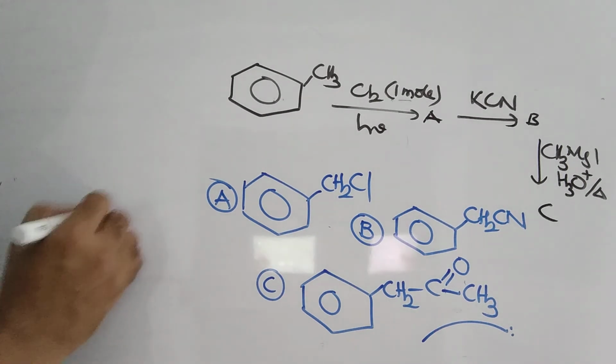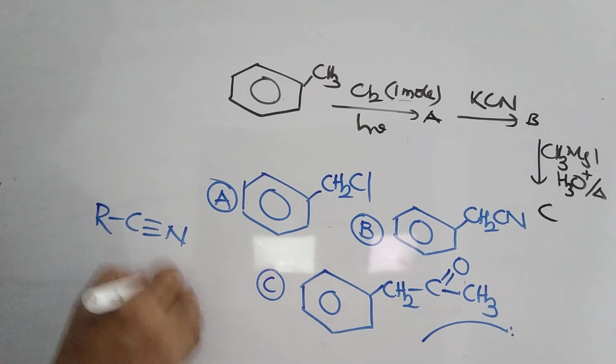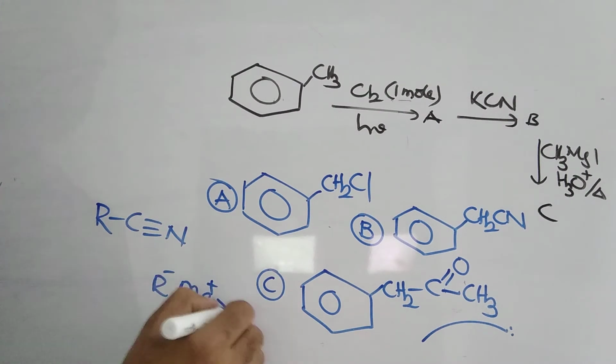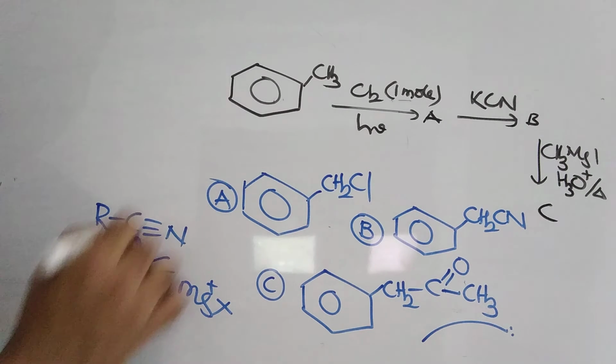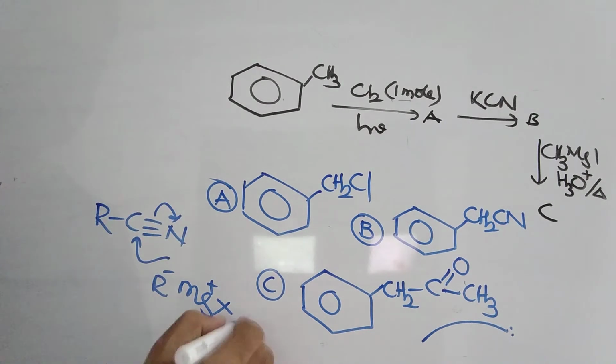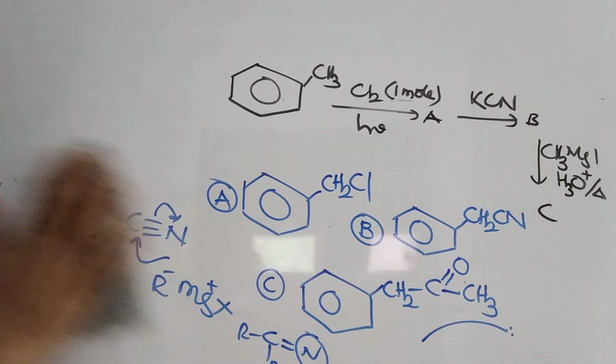It's very simple. RC triple bond N, if it is there, Grignard reagent we know R minus MgX plus, this R will be attacking here, bond is shifted here, so it becomes RC(R) double bond N. Later hydrolysis, this will be replaced by oxygen. So you are getting there a ketone.